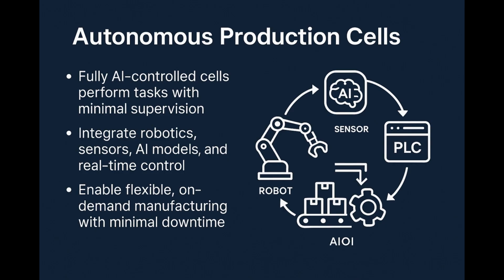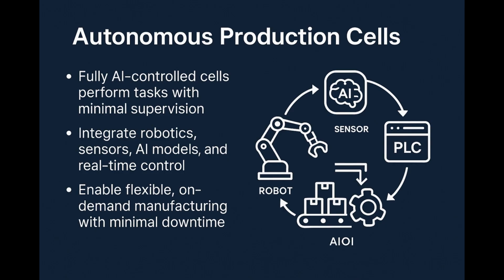For example, an AI-powered cell might assemble electronic components, detect a faulty part, and autonomously rework the process or switch to another task, all without operator input. Because they are modular and reconfigurable, these cells are ideal for high-mix, low-volume production, rapid prototyping, and agile manufacturing environments.